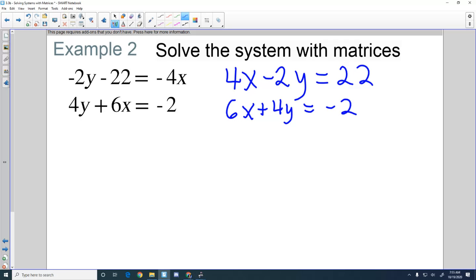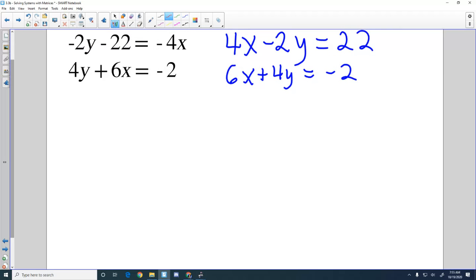All right, so we got standard form. And now we want to just set up that matrix equation. So we're going to start with the coefficient matrix. And it's easy to keep this straight because you just start with the numbers on the left become the matrix on the left.